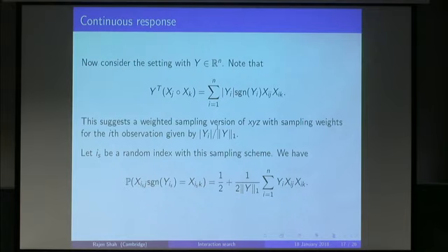If we write this dot product in this way, it suggests perhaps a way of adapting our earlier algorithm to the situation of continuous y, because I can write this dot product as a weighted dot product between a binary vector, which is the sign of y, and the pointwise product of the columns of x. What this suggests is a weighted version of this XYZ algorithm, where we're weighting our sampling according to the absolute values of the entries in the response.